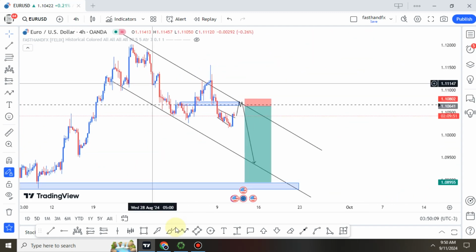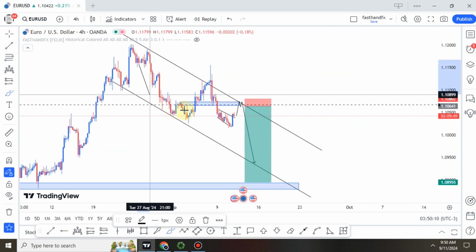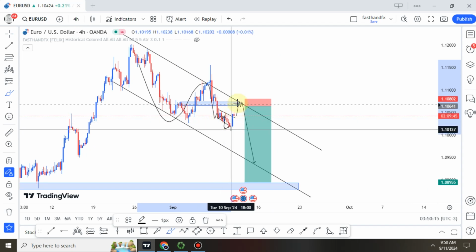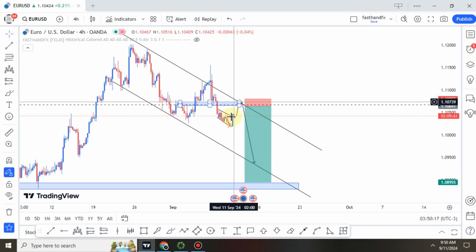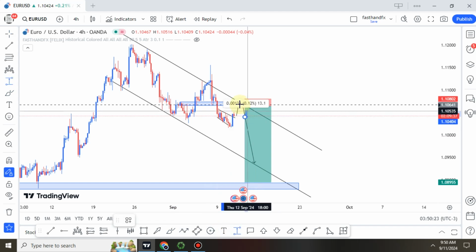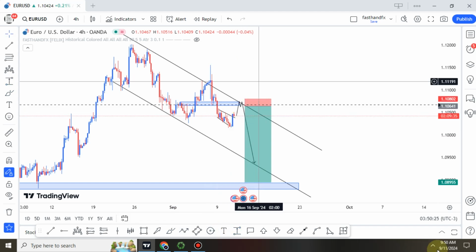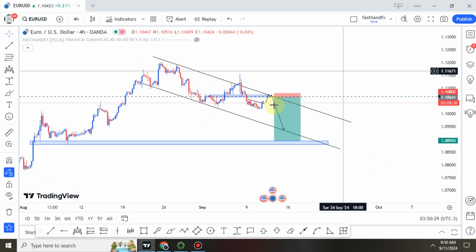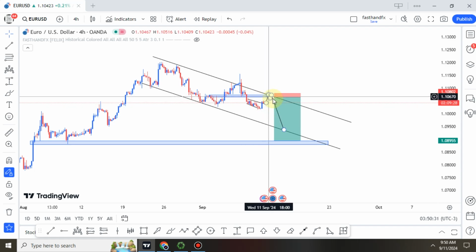We've seen an impulse phase, correction, impulse phase. This is a pattern that signifies a reversal. I'm anticipating that price pushes back to this level right here before CPI drops. How many pips? 23 pips, and right now it's 9:50 am. CPI drops around 3:30 pm, so probably the market will have hit this point right there.